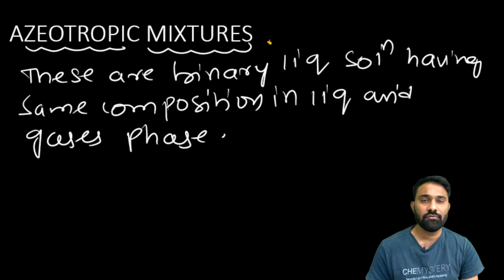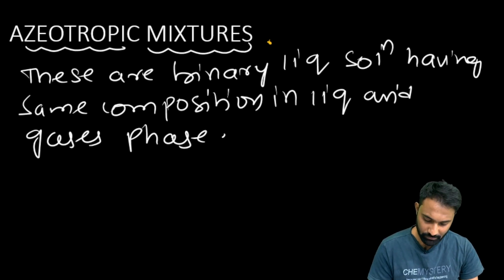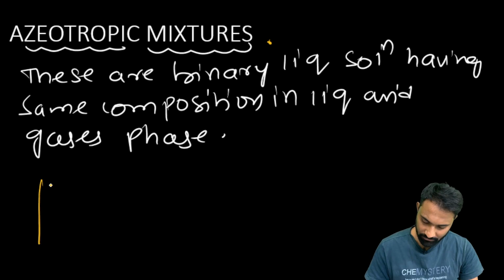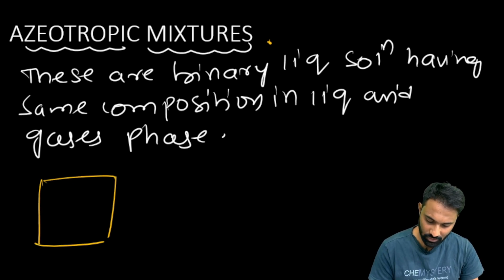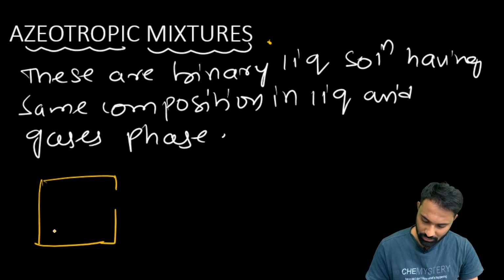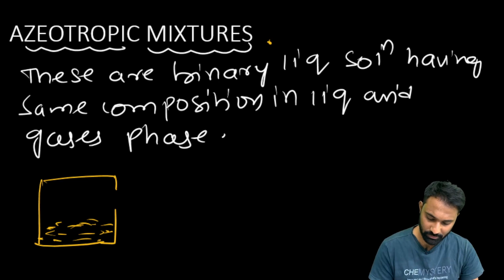In the gaseous phase and the liquid phase, its composition is the same. Means here if I take one liquid, this is one azeotropic mixture. Now let's suppose this is one azeotropic mixture.